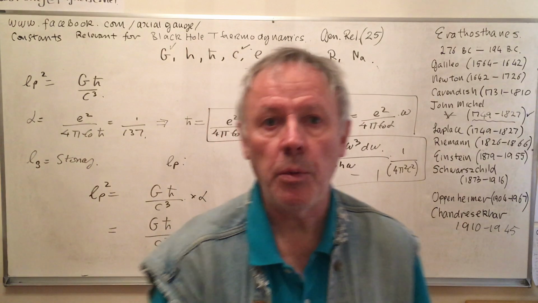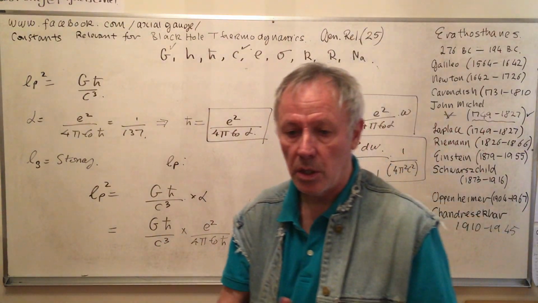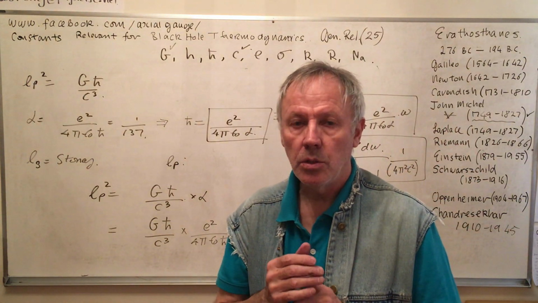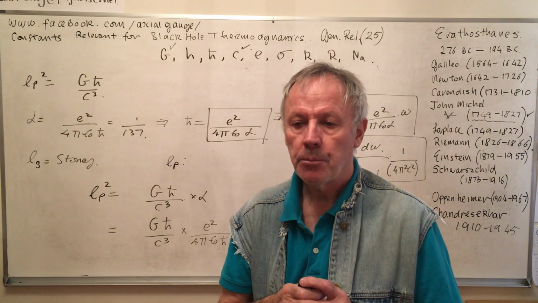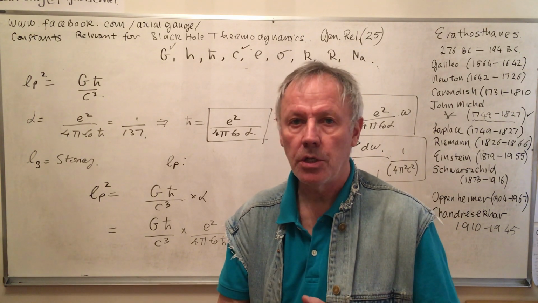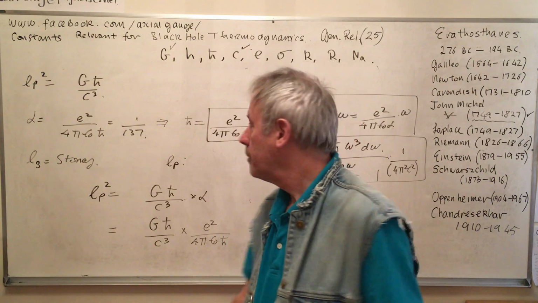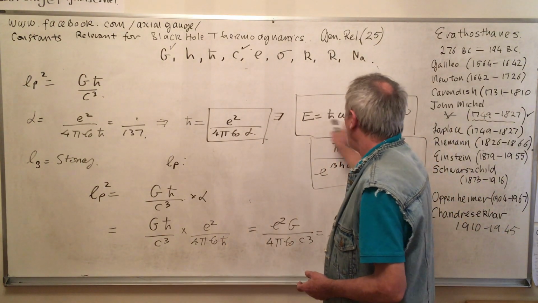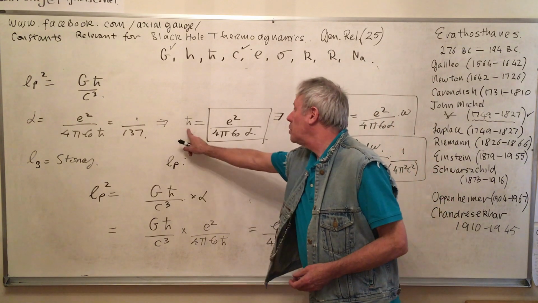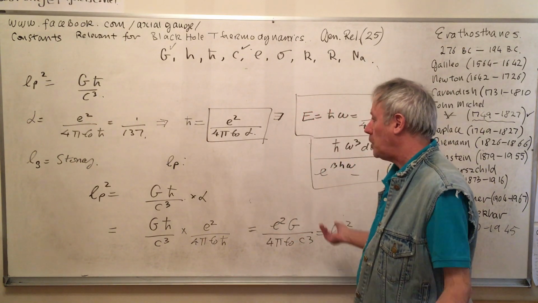Fundamental unit of charge is 1.6 by 10 to the power of minus 19 coulombs, measured by Millikan using the oil drop experiment. Wait a minute, if there's a fundamental unit of charge, why not a fundamental unit of mass as well? I don't know. Anyway, that could be what's cropping up in our equations all the time. We just get used to writing it as h cross or h.